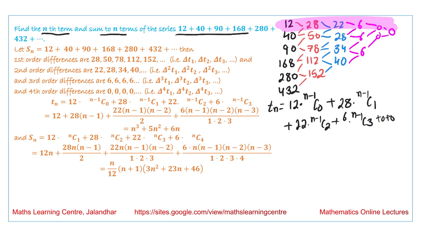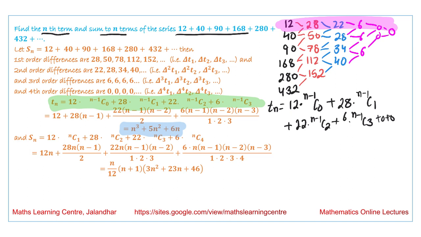If you simplify these values, you will obtain the final answer in this form: n cube plus 5n square plus 6n.